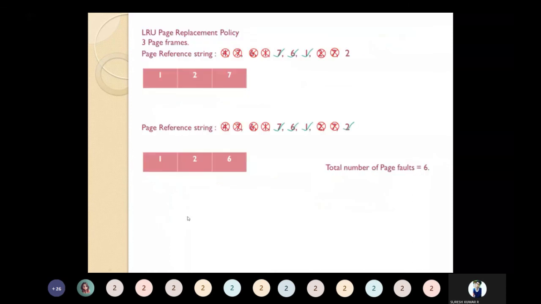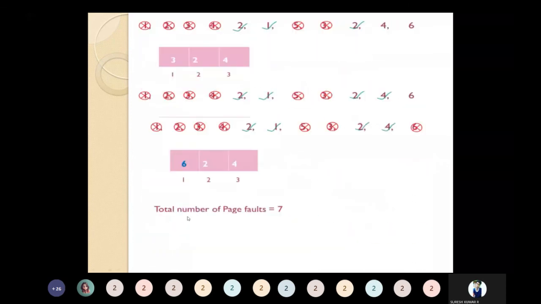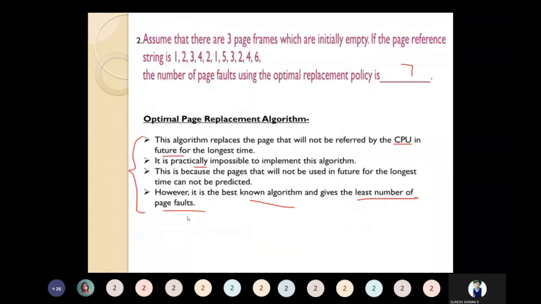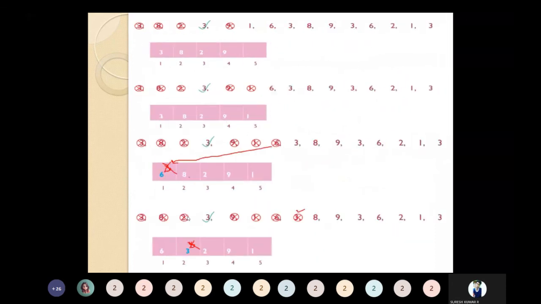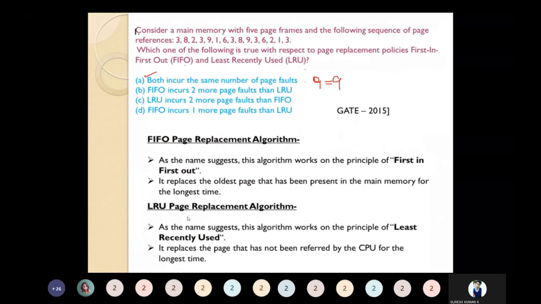So before, we look at the previous FIFO problem here. Look at this string. This string is solved with 5 page frames.